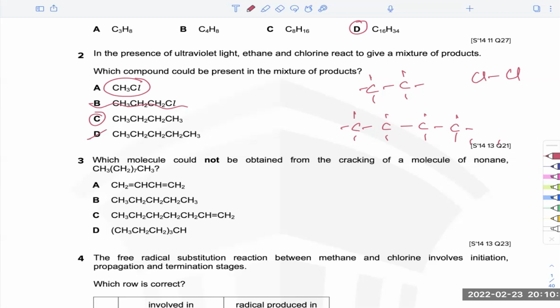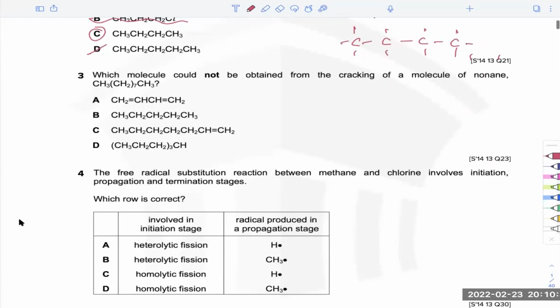5 carbons not possible. Which molecule could not be obtained from cracking of a molecule of nonane? Nonane, and this is an isomer of nonane. Is it? No, this is not an isomer, it's a straight chain. This is one isomer of nonane. So what could you not get? You're cracking it, you're breaking it down. Sure, you can get alkanes, you can get alkenes, but because it's a straight chain compound, you're likely to get straight chains.